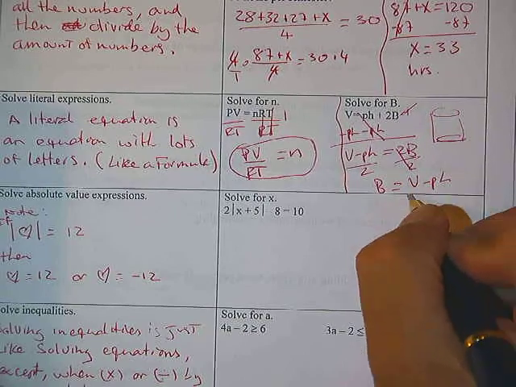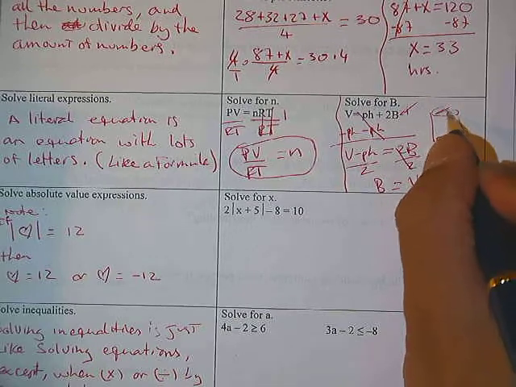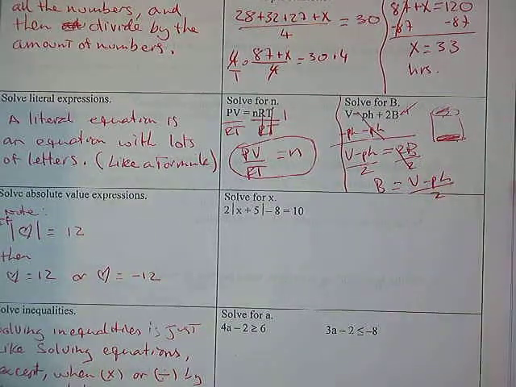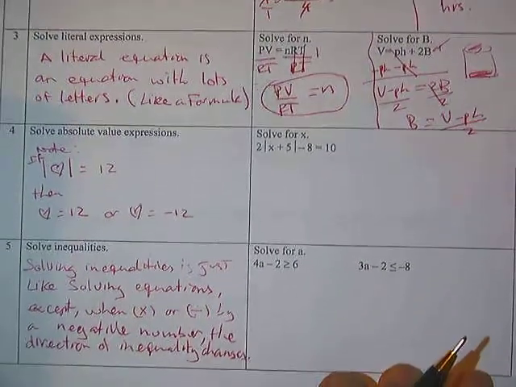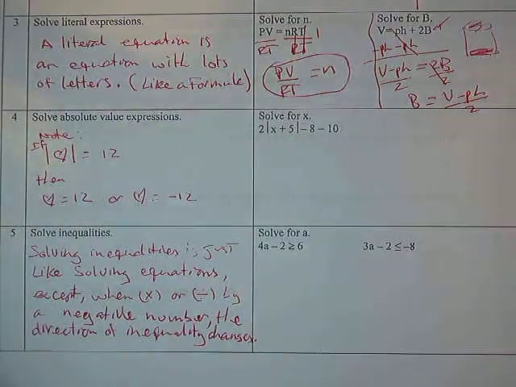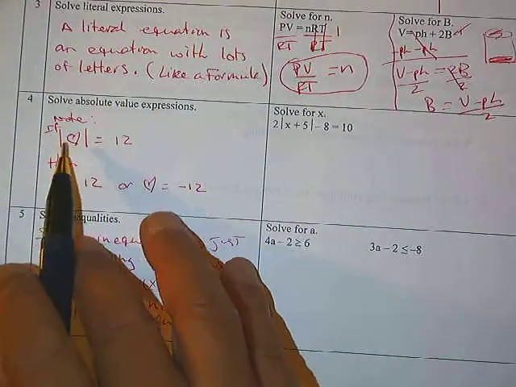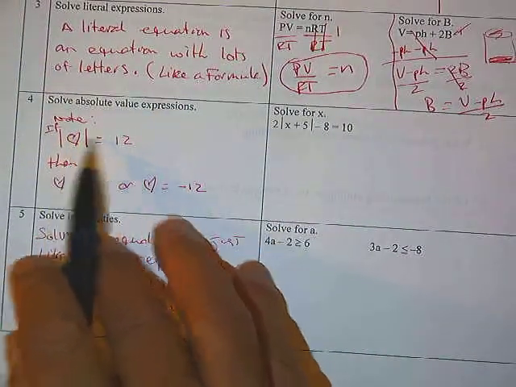And then to solve for B, we just have to divide by 2. And there's our equation. B is equal to B minus pH divided by 2. Here's your base. This might be a formula for surface area instead of volume. Whatever, that's not material. Alright, let's try number 4.